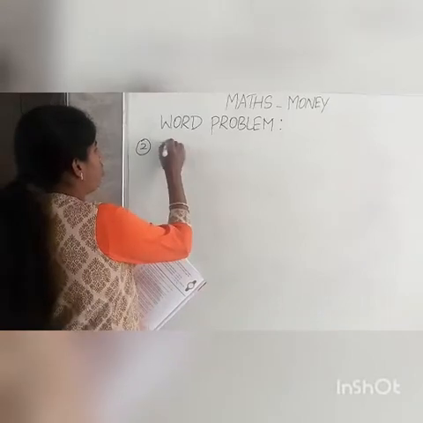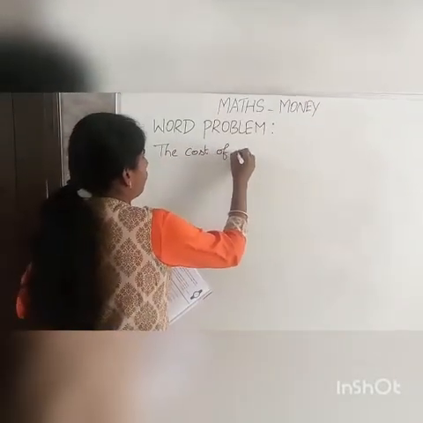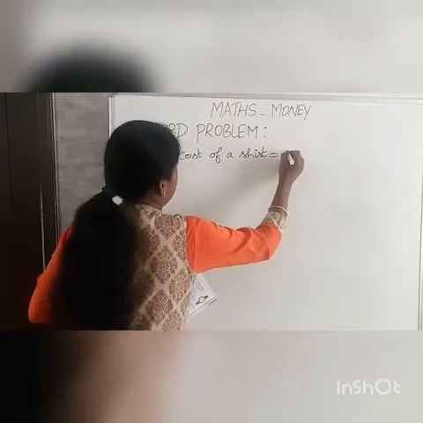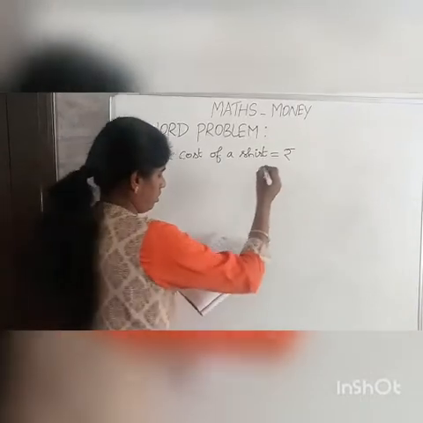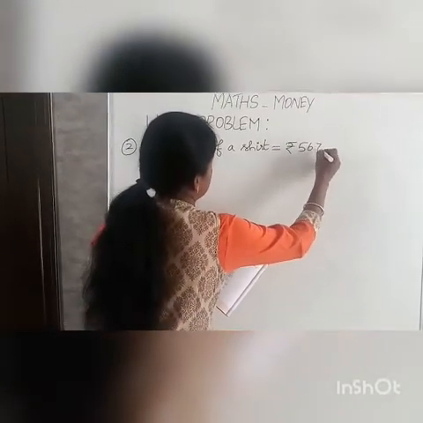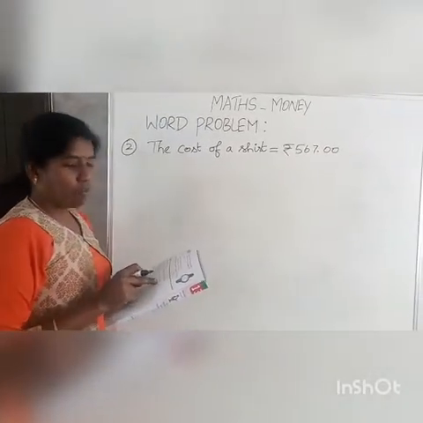So the cost of a shirt equals 567, and a pair of shoes for rupees 400.